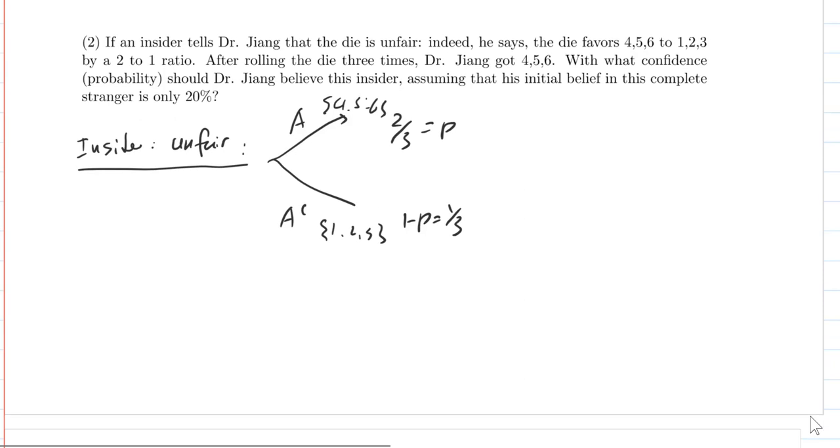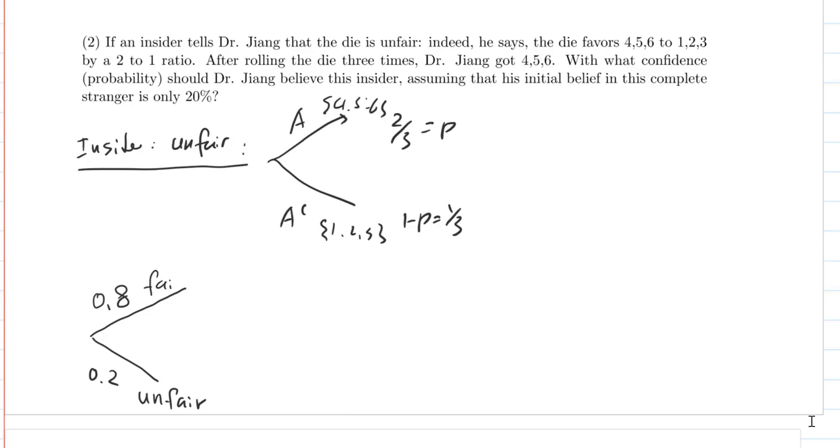Its interpretation is that initially Dr. Jiang believes in this insider with only 20%, 0.2. So with 0.2 probability, he thinks this die is unfair. And that's how we interpret this initial belief. And for 0.8, he would think that it is still fair.